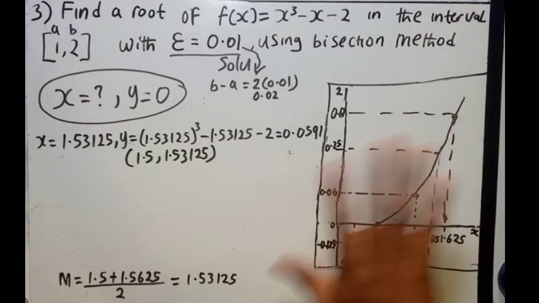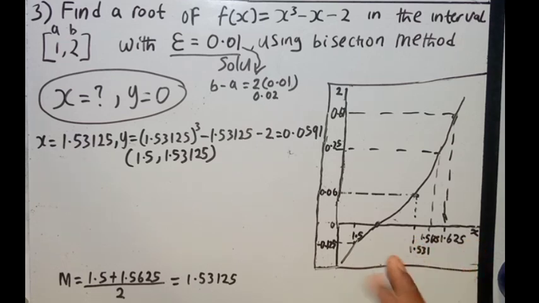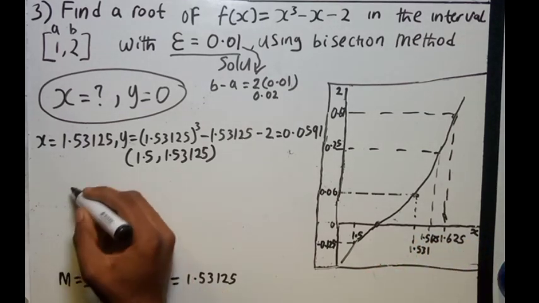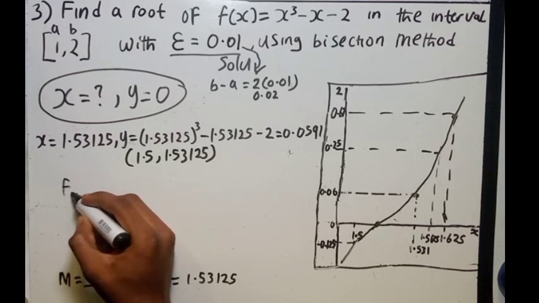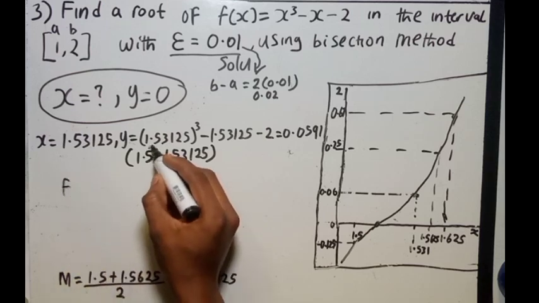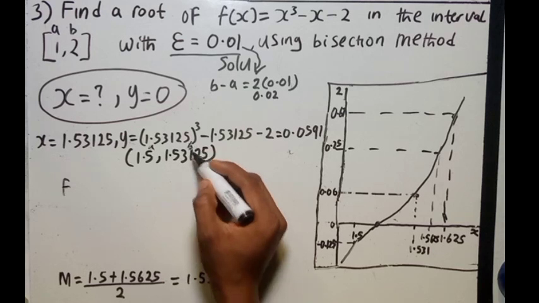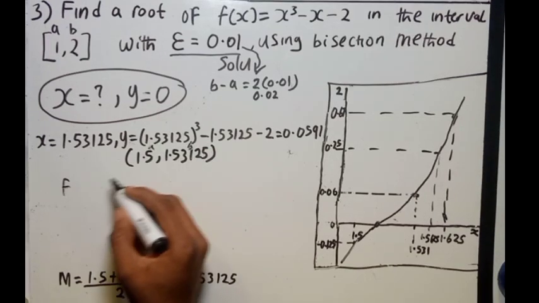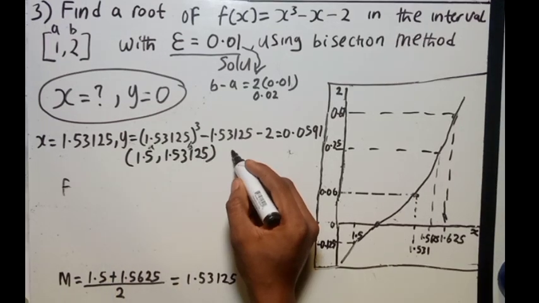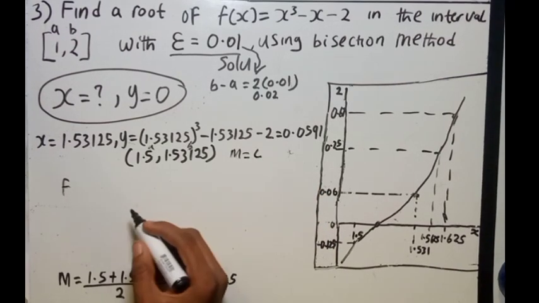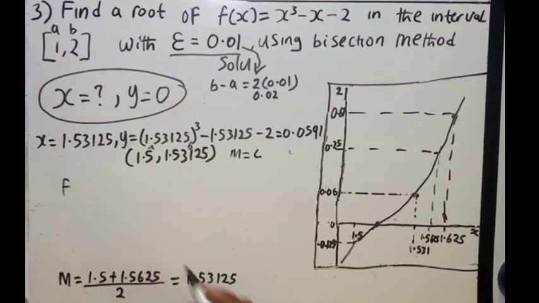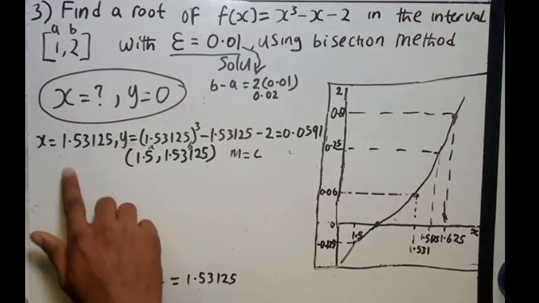if you don't want to be drawing the diagram, the alternative way is to multiply your f of, let's say here's our a and here's our b. Now if we are to find a midpoint, we'll call our midpoint C. First of all, let me get it so I'll explain that.